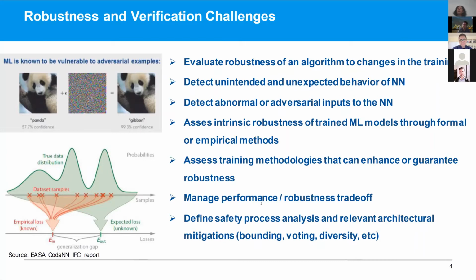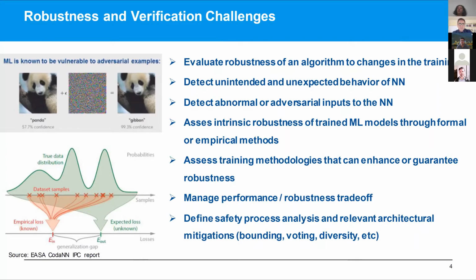But another main challenge we derive from the previous one is related to the robustness and to the verification of the model, of the machine learning model. Because of course, we need to evaluate the robustness of the algorithm with respect to the changing in the training set.